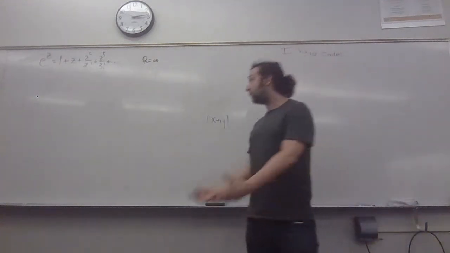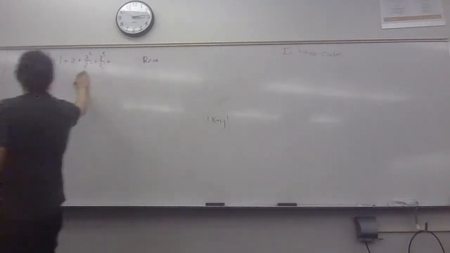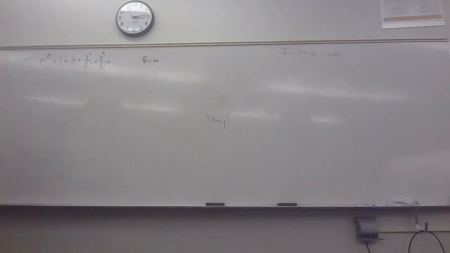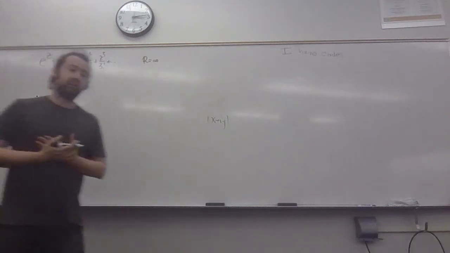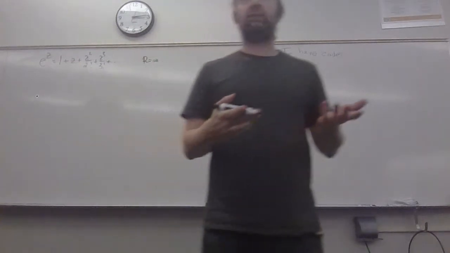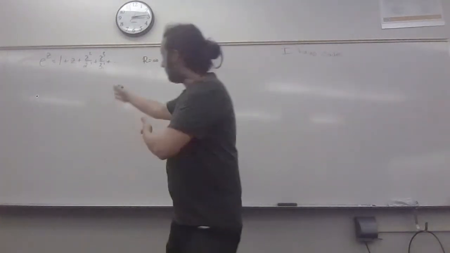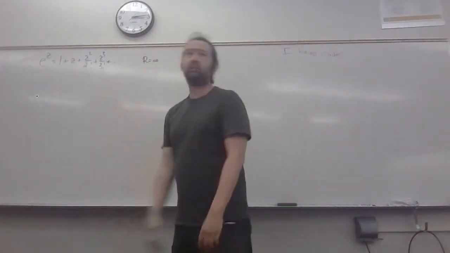Okay, the first thing I'd like to argue here is about what we taught you when we taught you Taylor series in calculus: it's okay to take the derivative of a function by just taking the term-by-term derivative of the power series, as long as it converges.